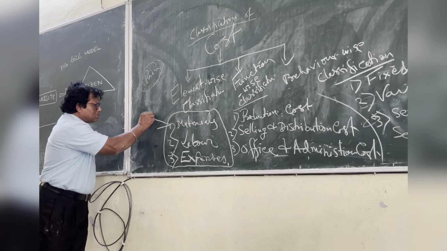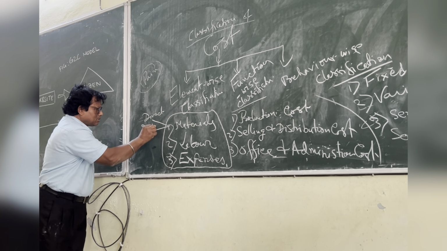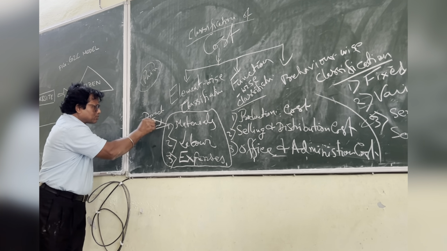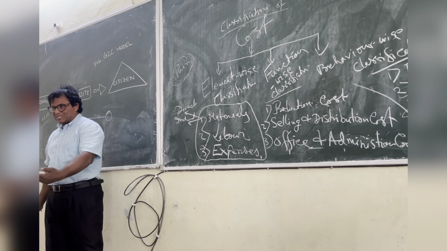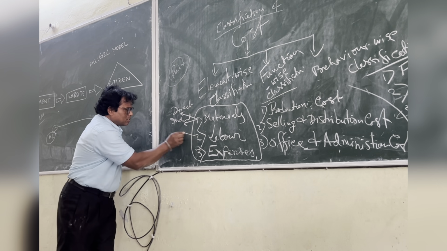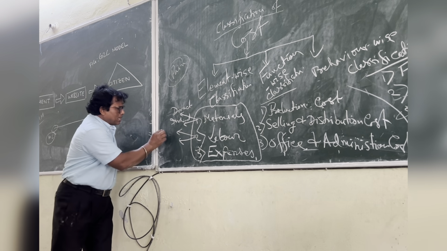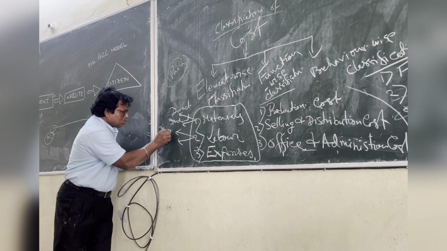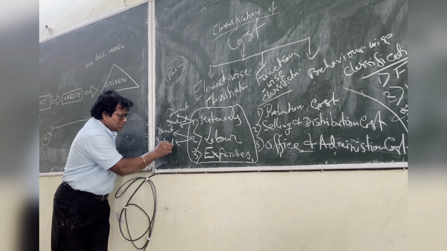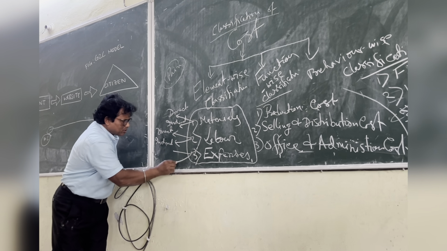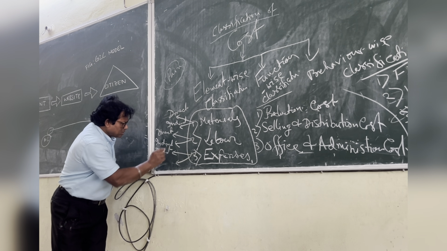Material is of two types, one is direct, one is indirect. Okay? Further classification. And labor is of two types, one is direct and the other is indirect. And expenses are two types, one is direct, the other is indirect.